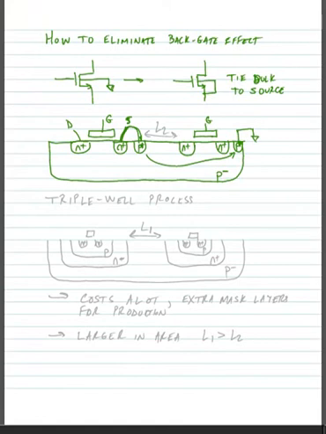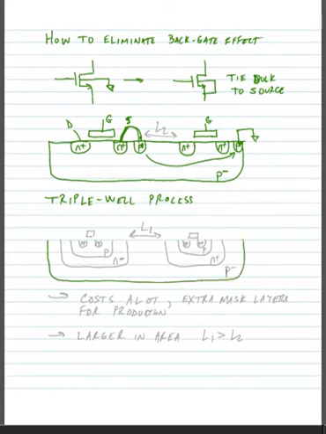So what can be done is add some cost to the process. The first thing that we could do is they do make processes called triple well processes. And in a triple well process, I would be allowed to do something like so.